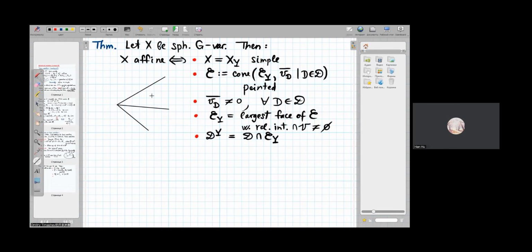So this will be another face, maybe even thinner. So this is this cone C.